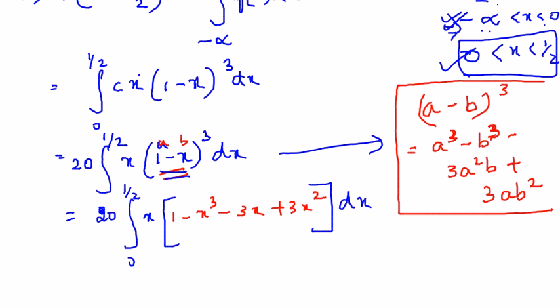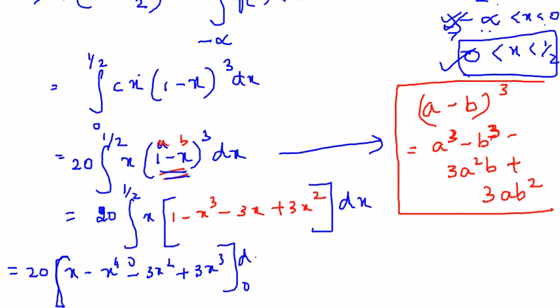Now you multiply this. When you multiply this, it becomes 20 into x minus x power 4 minus 3x squared plus 3x cube. Between the limits, of course, you have to integrate this, 0 and half.